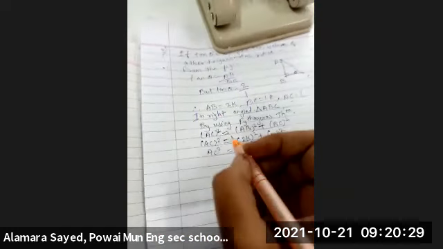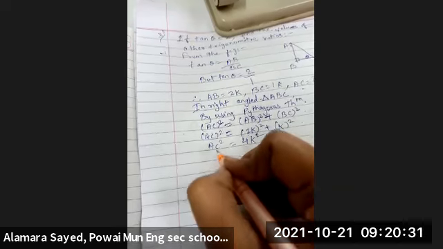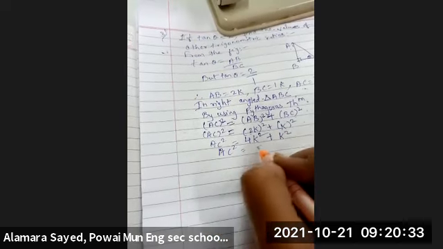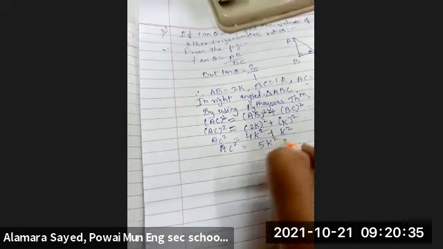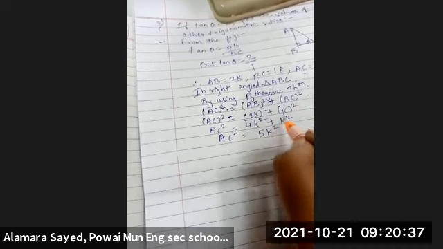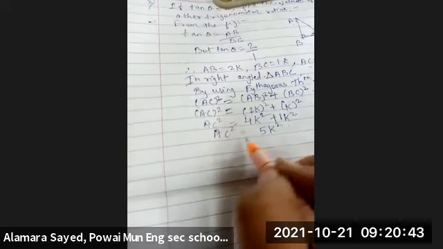Now, after adding this, the value of AC square you will get is 5K square, for 4 and 1. That is 5K square. This is the value of AC square.